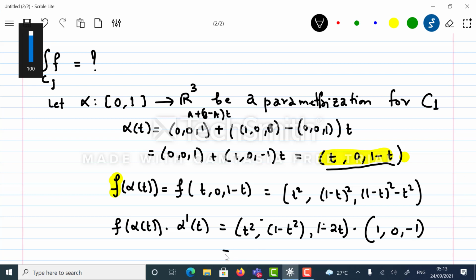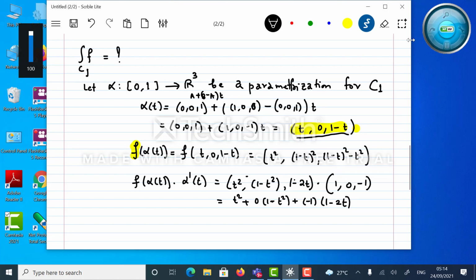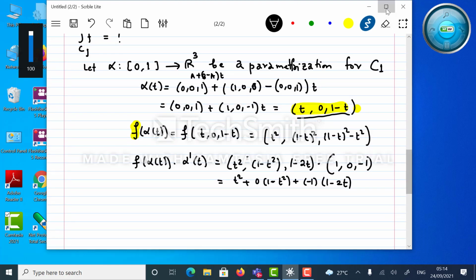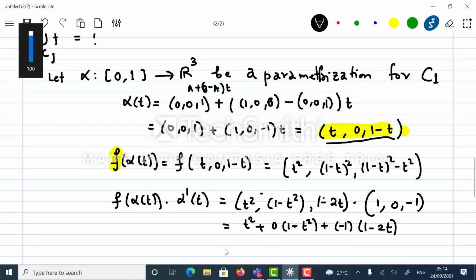So if I multiply this, then I will get t square plus 0 times 1 minus t square plus minus 1 times 1 minus 2t. So this will give me t square minus 1 plus 2t.